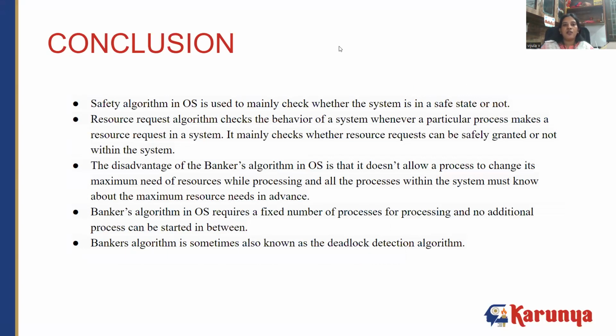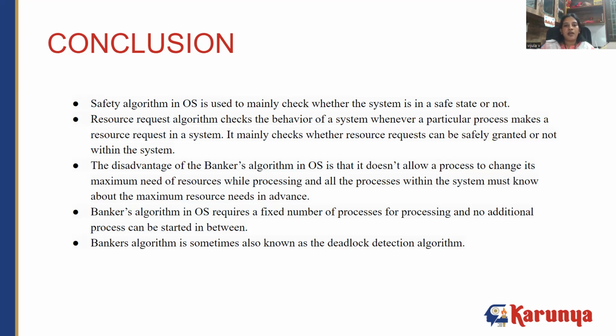The safety algorithm in an operating system is mainly used to check whether the system is in a safe state or not. The resource request algorithm checks the behavior of a system whenever a particular process makes a resource request. It mainly checks whether the resource request can be safely granted or not within the system.